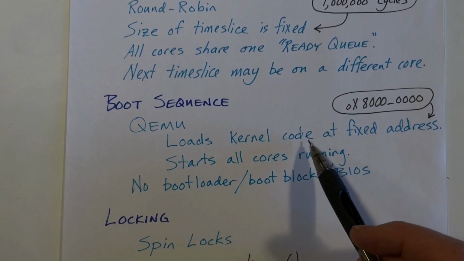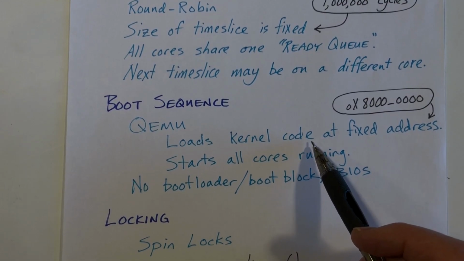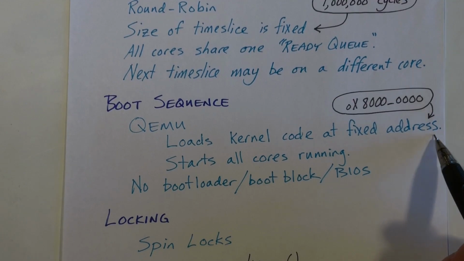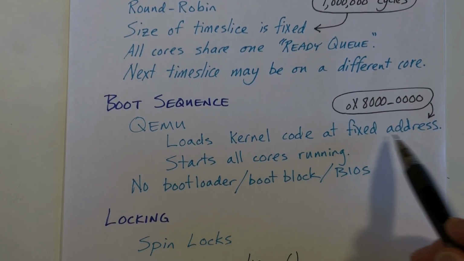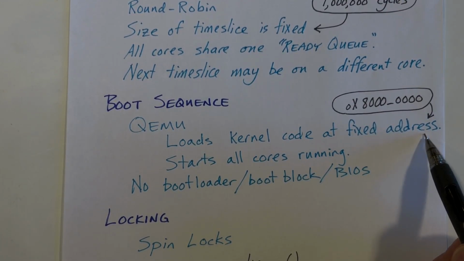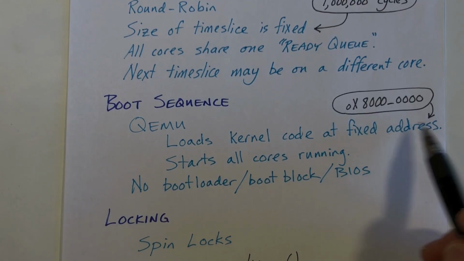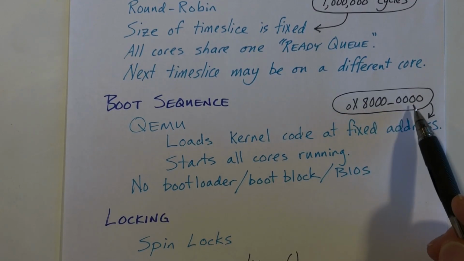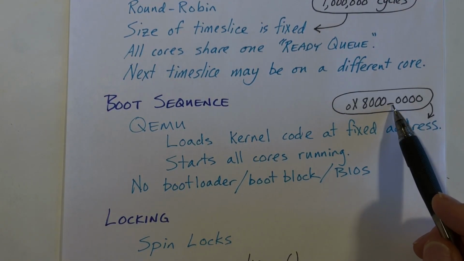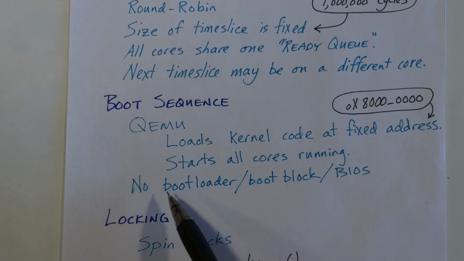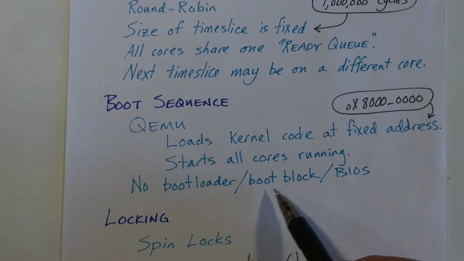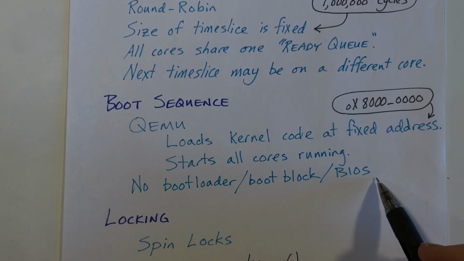What it's going to do is load the kernel from some executable file on your host laptop, and put it into the fixed physical memory, the emulated physical memory of the RISC-V processor it's emulating, at a fixed location. In fact, this is the actual location that it uses. There's no support in xv6 for booting a bootloader or a master boot record or BIOS or anything like that.